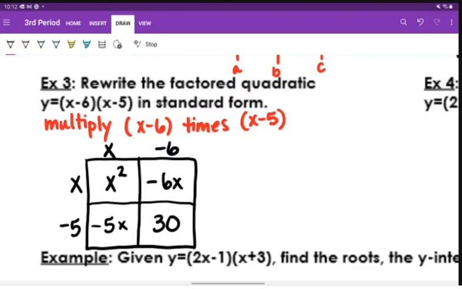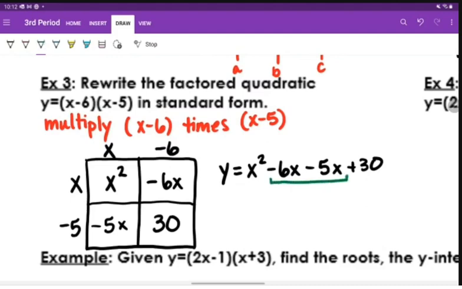Okay, so now let's rewrite this as a quadratic. Y equals x squared minus 6x minus 5x plus 30. And as we're hopefully starting to get used to by now, we notice the 2 middle terms are like terms, so we can combine those together into a single term.